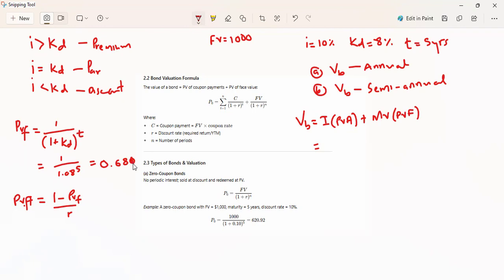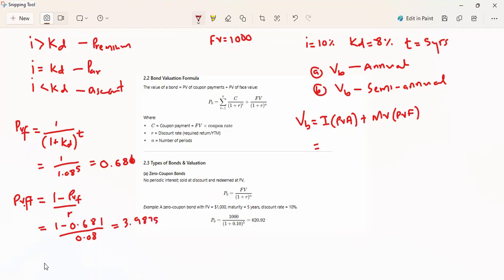So here we are putting a 1 there. So what do we get? This is 1 minus 0.681, divided by the 8%, 0.08. What do we get? 3.9875.